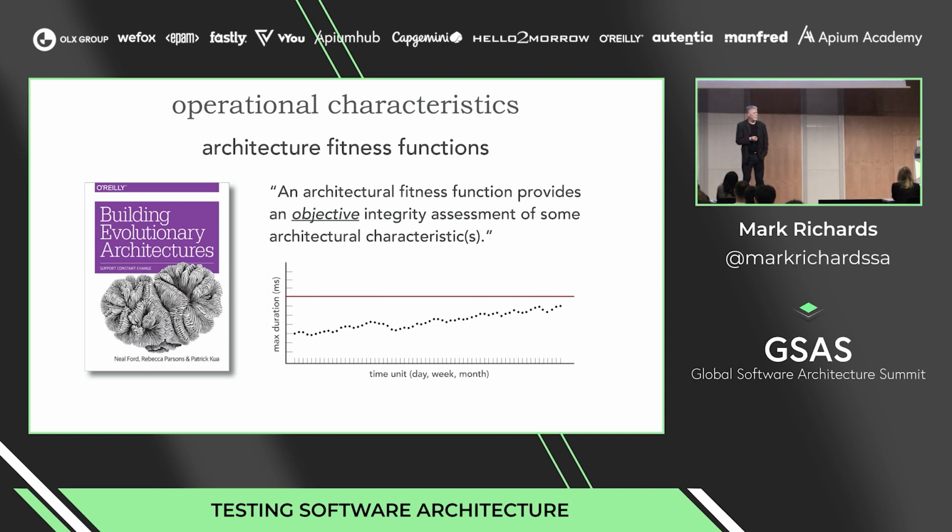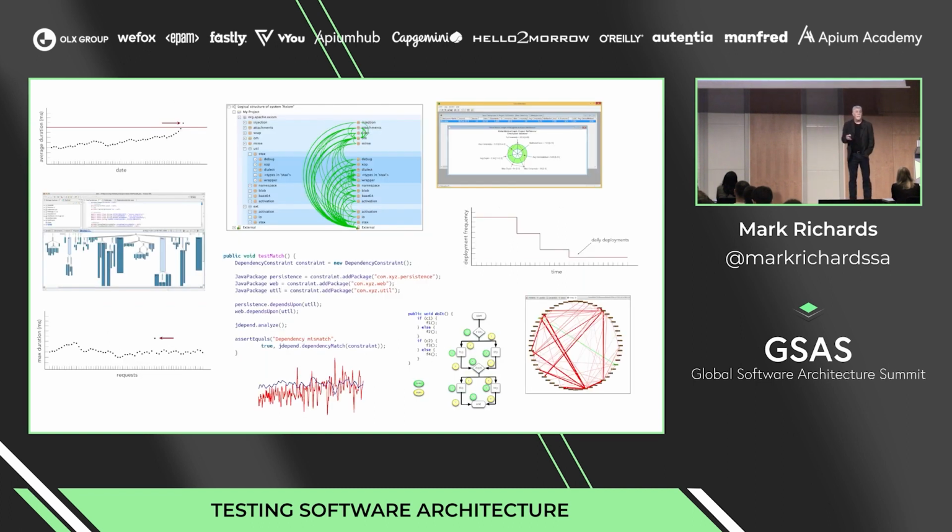And an architectural fitness function provides some sort of objective integrity assessment of some sort of architecture characteristic. And when I say objective, I mean an actual numerical number that I can demonstrate and prove. Now, there's a lot of tools, some of them that you will be seeing today and also tomorrow, that can be used to actually measure the metrics of these operational characteristics.